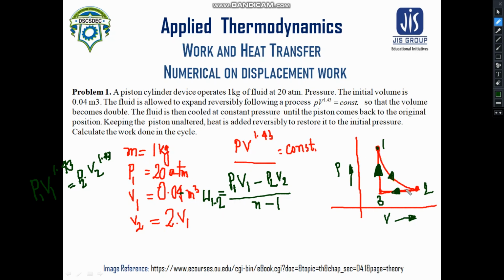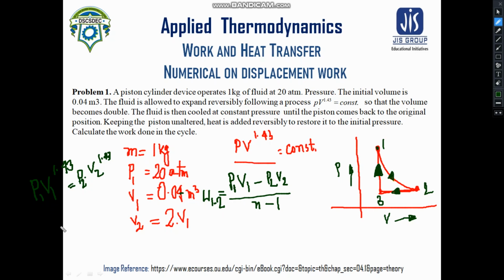This is the nature of this process. So for state 1, P1 V1 to the power 1.43, and for state 2 it will be P2 into V2 to the power 1.43. So they will be the same. They must be the same. Okay, and you know that V2 is equal to 2 V1.